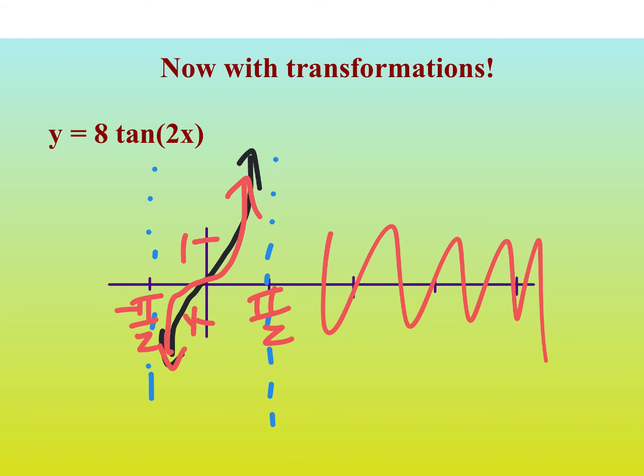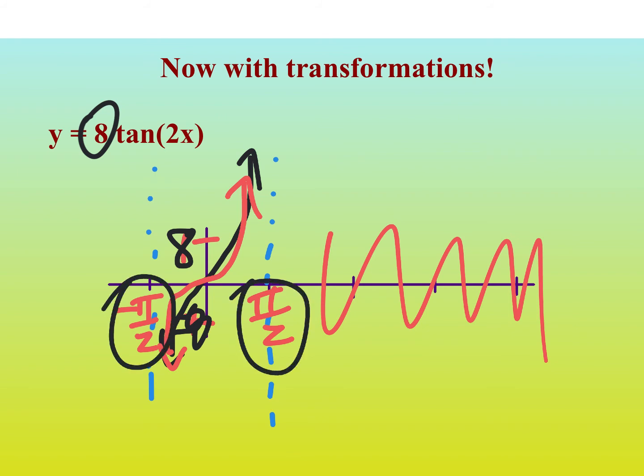But then it changes. This 8 makes it 8 and negative 8. And this pi over 2 and negative pi over 2, they get multiplied by 2 on the bottom. So another way to say that is you don't multiply by 2, you multiply by a half. And so then this is now 2 times 2, so this will be 4 down here and a 4 down there.